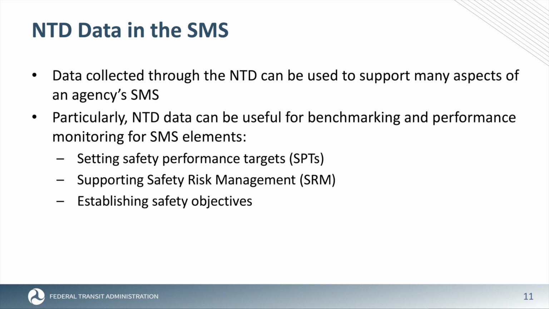Things like your agency's safety risk management, or SRM process, and the associated activities that your agency would undergo, perhaps related to a safety risk assessment. Also, NTD data could be very helpful in helping your agency to establish safety objectives.